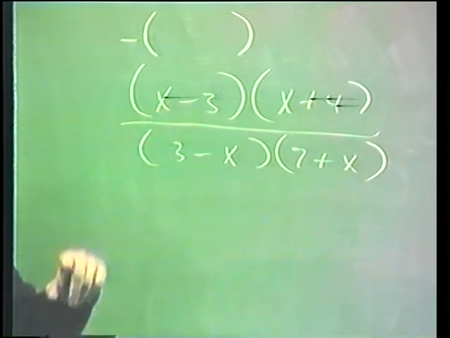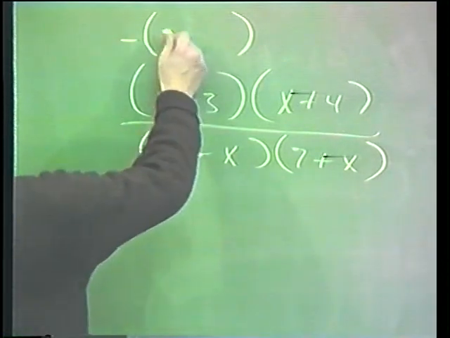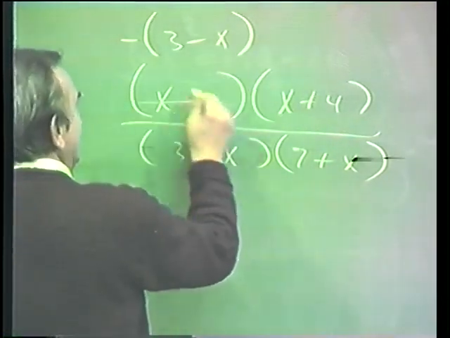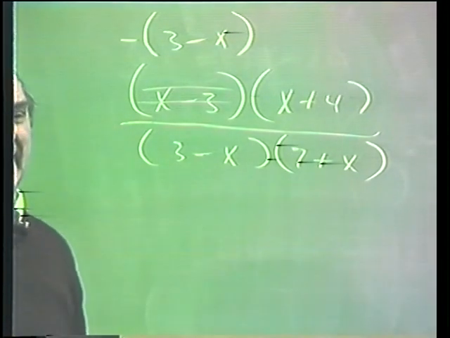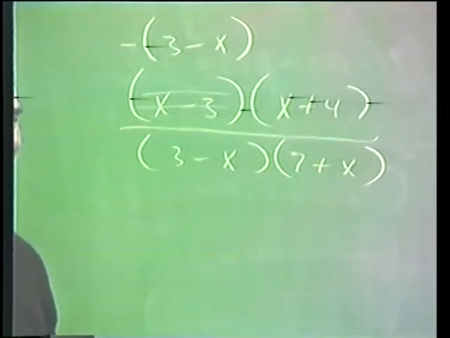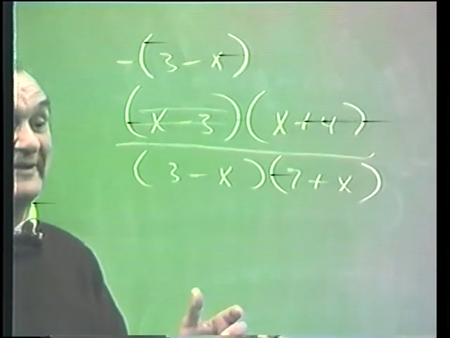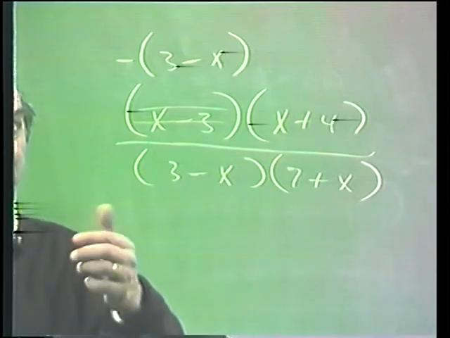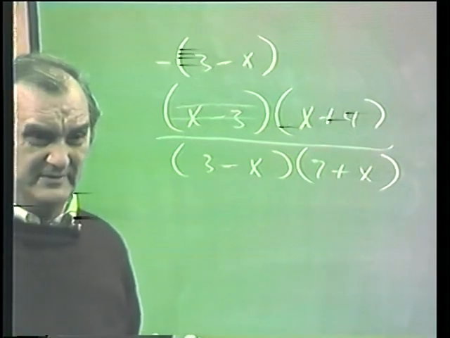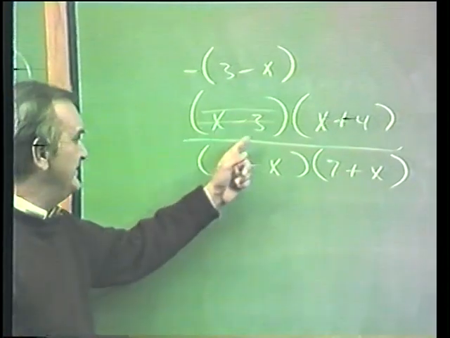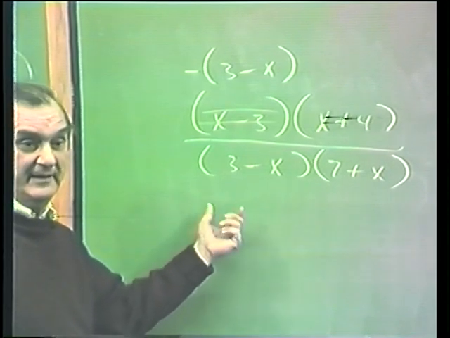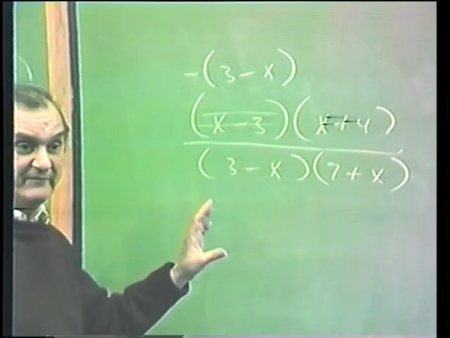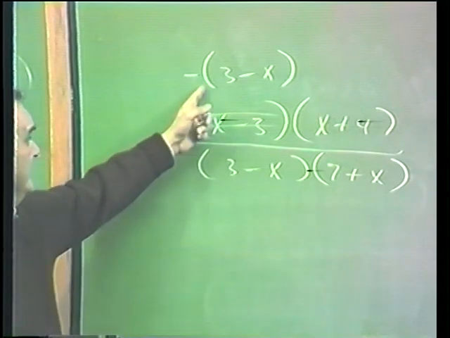I get negative x plus 3, or 3 minus x. And I try to emphasize that when we had this section. Anytime you have two terms separated by a negative, if you factor out a negative 1, you just reverse the terms. So I factor out a negative 1.